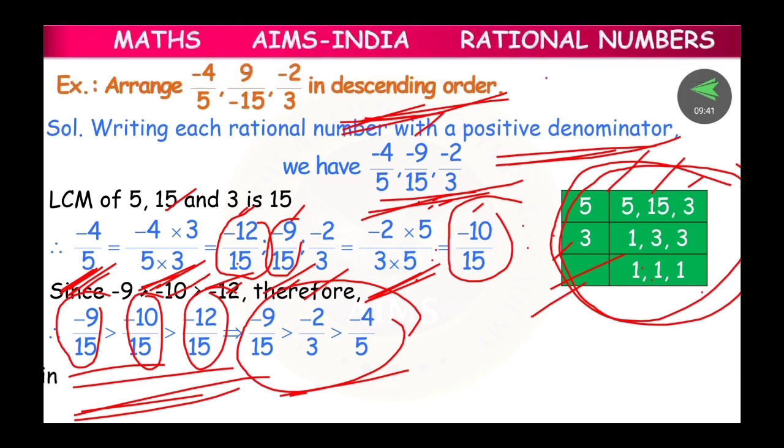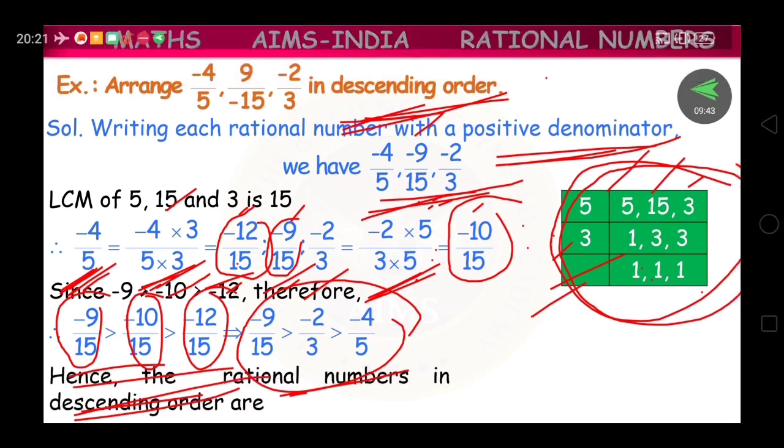So after comparing the rational numbers, we can write them in descending or ascending order. For comparing them, what do we have to do? The first step is to make them with positive denominators. If a minus symbol is in the denominator, we have to take it up. That is the first step.